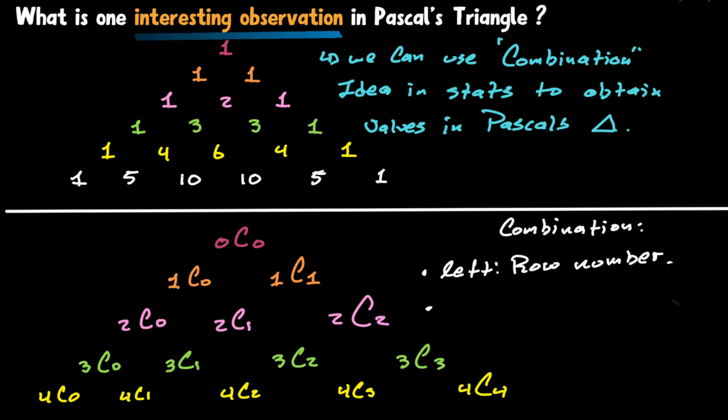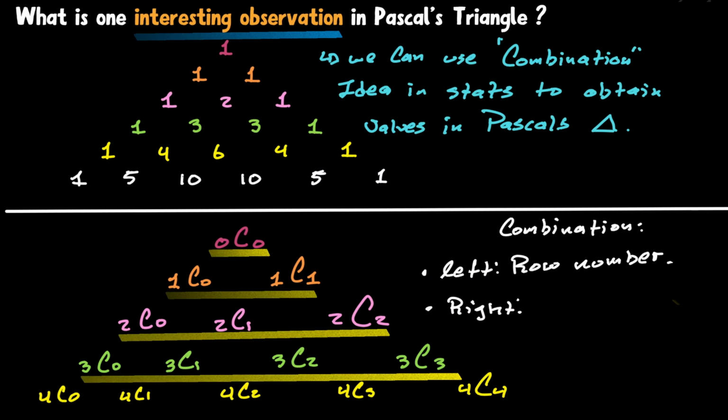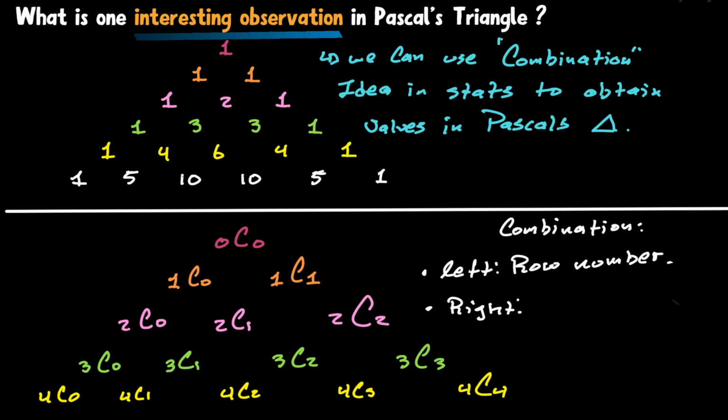So now let's talk about the right-hand side. What I want for you to realize is that regardless of which row I was defining, the right-hand side always started with 0. And then I was always increasing by 1. So here, there's just one number. So you start with 0.